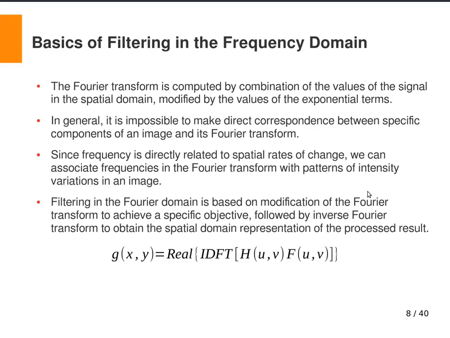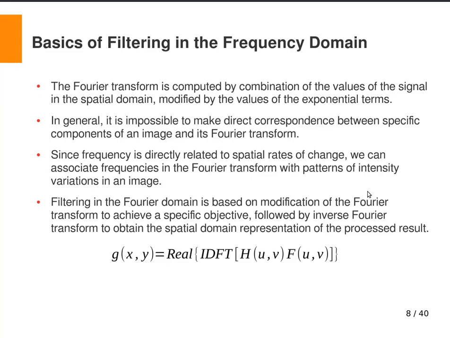So for calculating any of the Fourier transform components, we are basically using all the intensity values of the signal. Because of that, in general, it is impossible to make a direct correspondence between specific components of an image and its Fourier transform, because any frequency component is calculated by a combination of all the signal components.